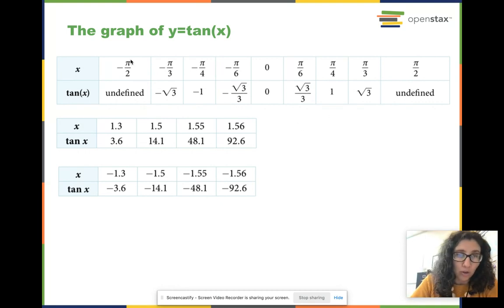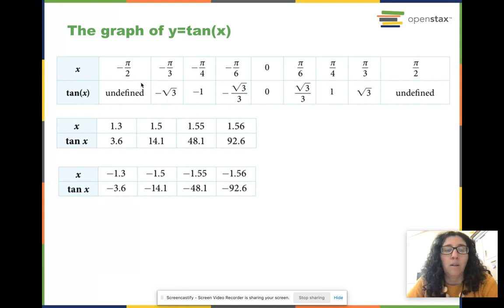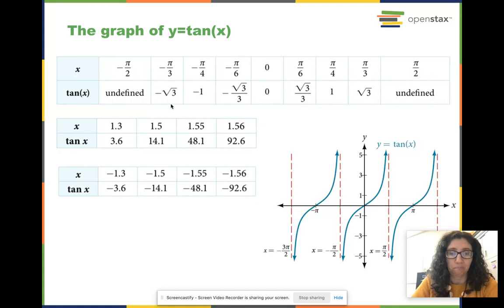And as we go the other direction, as we get closer and closer to negative pi halves, so negative 1.3, the values of tangent are getting really negative. So as we get close to negative pi halves, it's going to go down. So up here, down here.